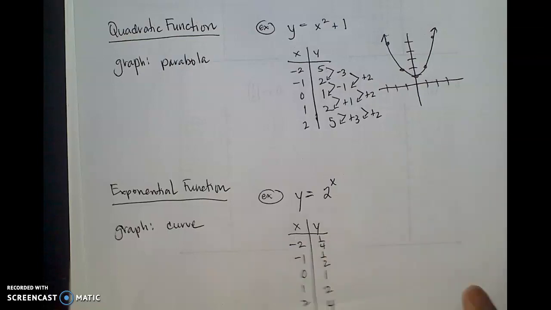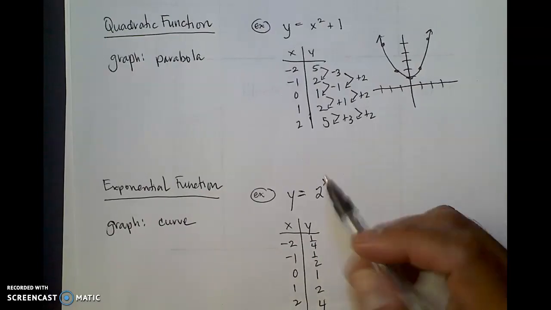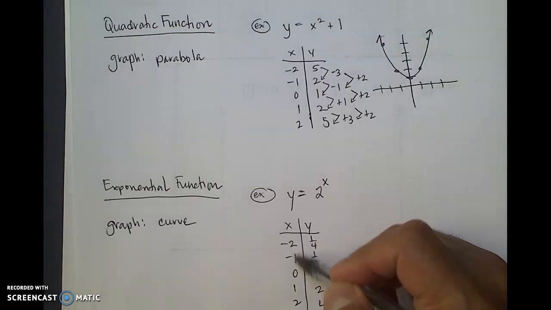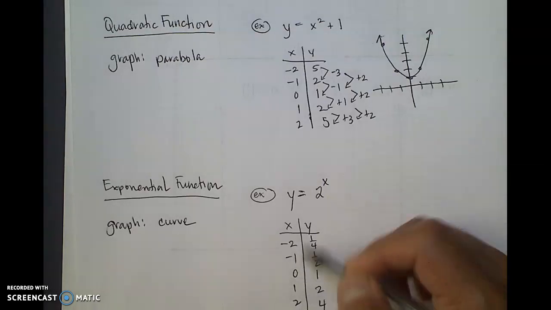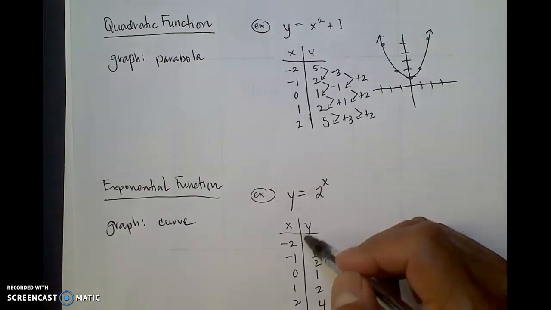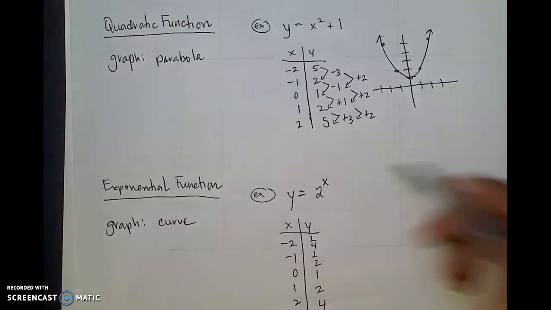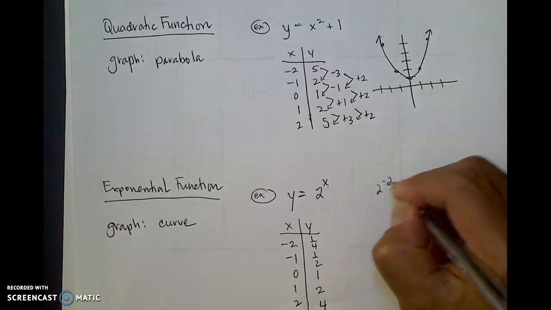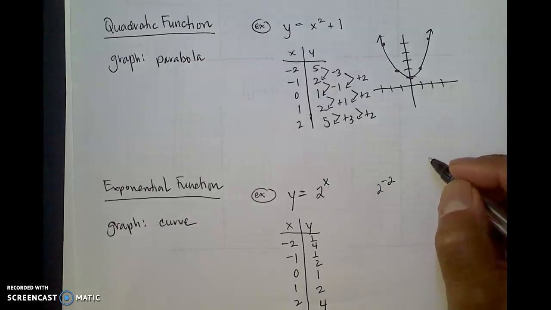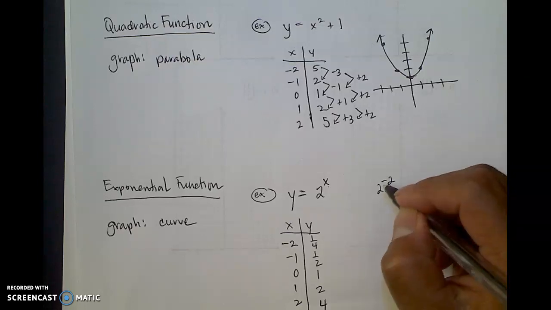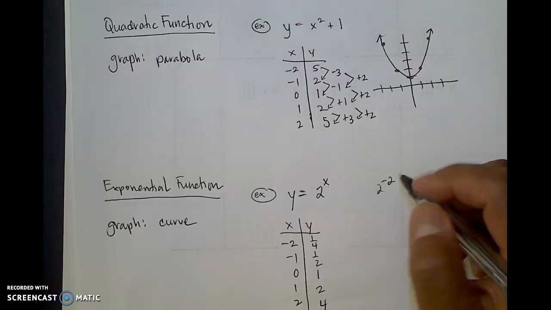So here we made a table again. Here are our x values. We plug those in. Now, when we plug in a negative exponent for x, hopefully you learned about exponent rules. A negative exponent doesn't make the output value negative.